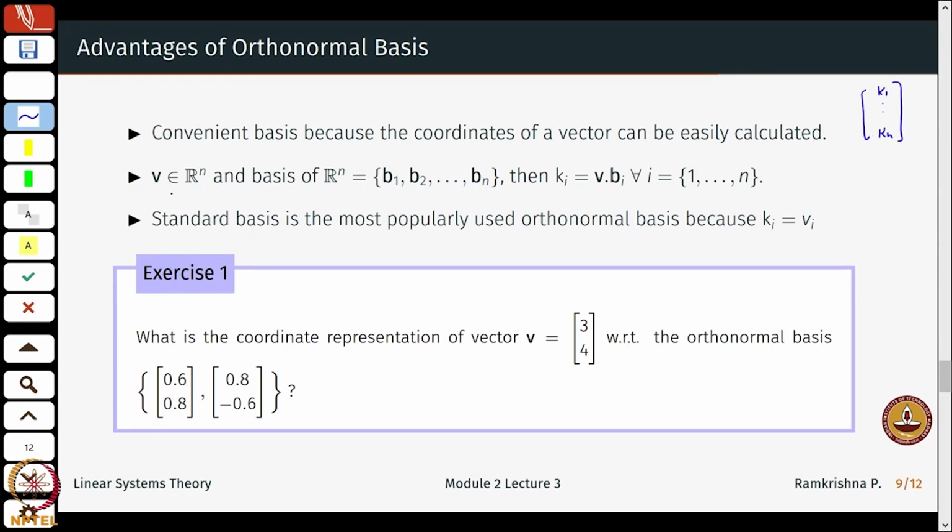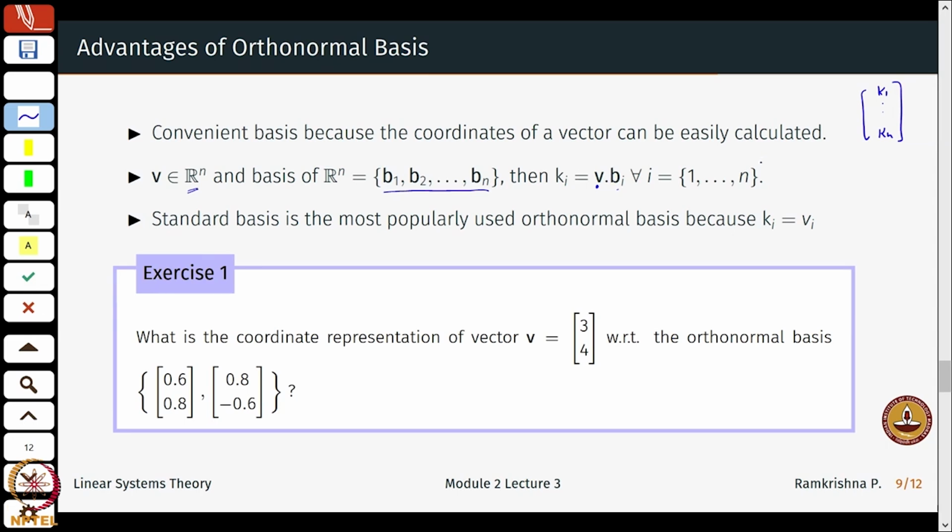So, if say, for example, I have V as my vector in Rn and a given set of basis vectors, then each coefficient ki will just be the vector V times the Bi column, that is, the dot product of V with Bi.